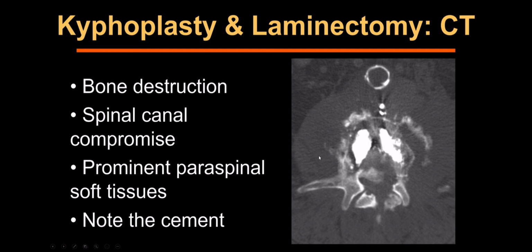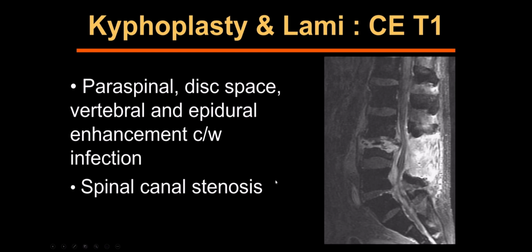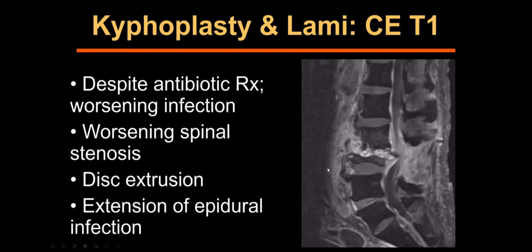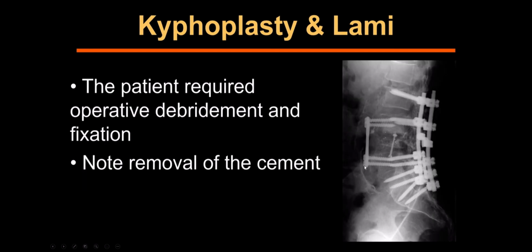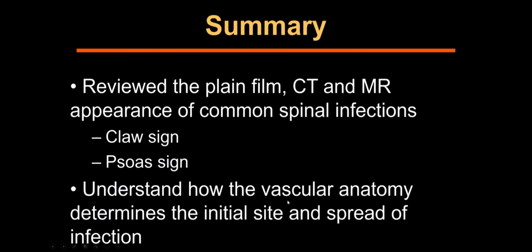I guess they were able to get some stabilization, but it didn't really help the infection all that much. You can see here that there is some stenosis, worsening spinal stenosis. The infection is just going crazy. And they ended up with a major reconstruction here, and notice that they had to dig out all that cement. So sometimes these turn out to be pretty gnarly cases.